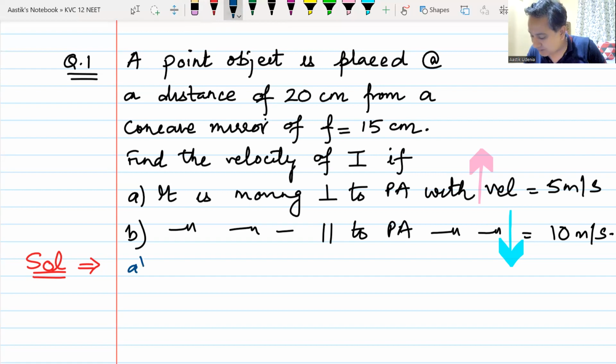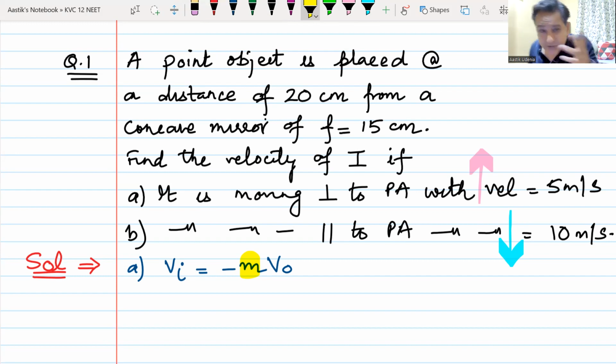Let us talk about part A. In part A, it is moving perpendicular to the principal axis. So velocity of the image will be minus m times velocity of object, where m is the magnification. And we have a shortcut formula for magnification, minus v by u.